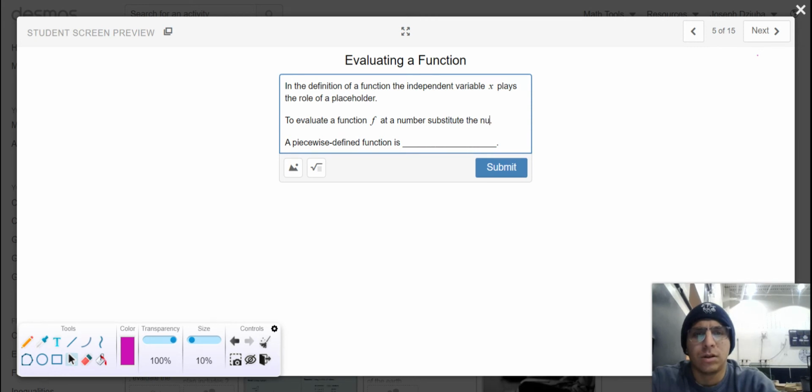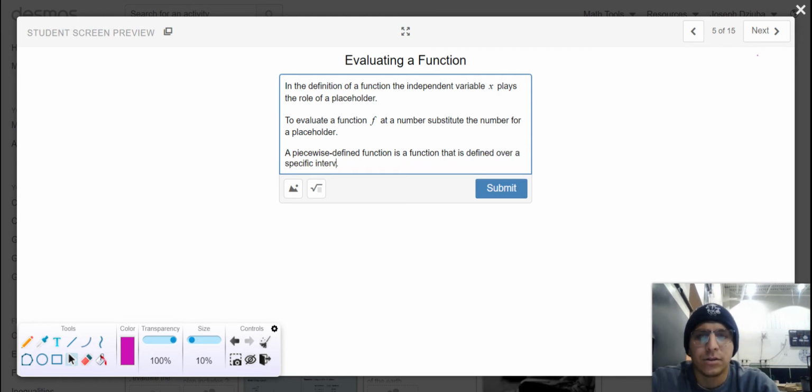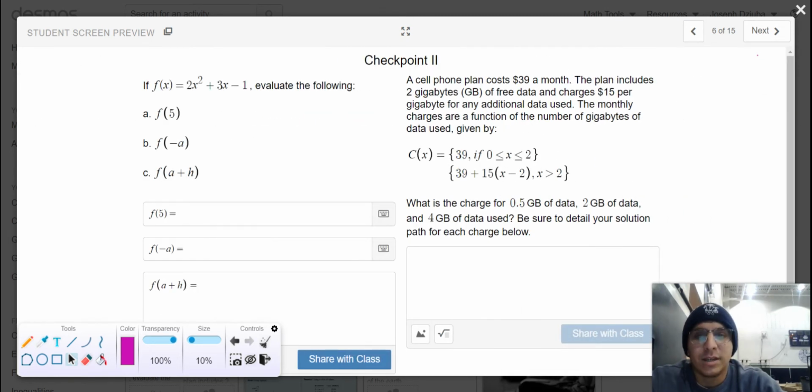A piecewise defined function is a function that is defined over a specific interval, as we can see here in checkpoint 2.